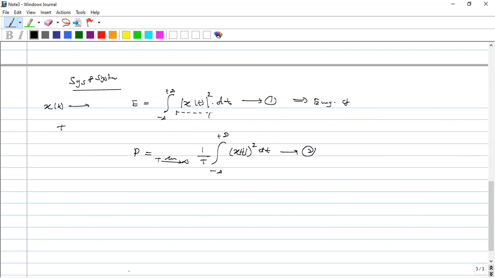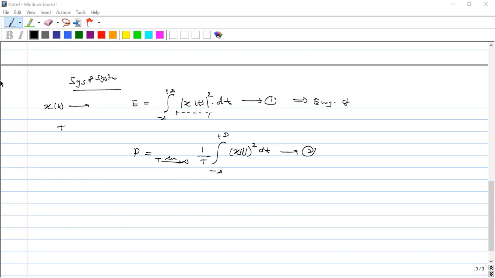Just give me a moment, let's see if it is correct or not. I can't remember. So we have to go to the signals and systems tutorial. It should be under signal classification. Here we have energy and power signals.